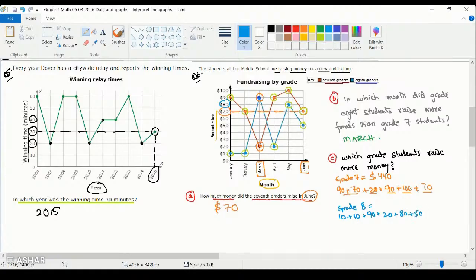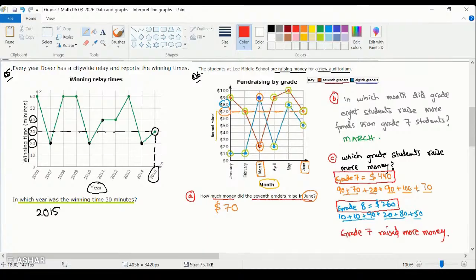The total of the numbers would be 110, 210, and $260. So which grade raised more money? We simply compare the values. Grade 7 raised $440, grade 8 raised $260. So we can say grade 7 raised more money, right?